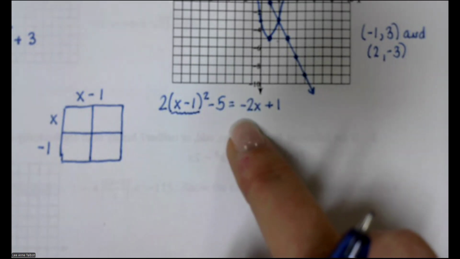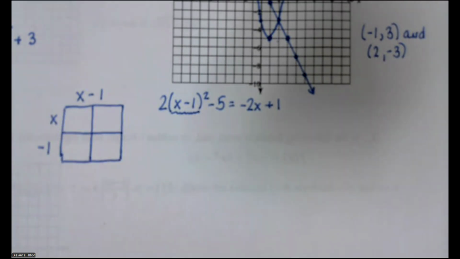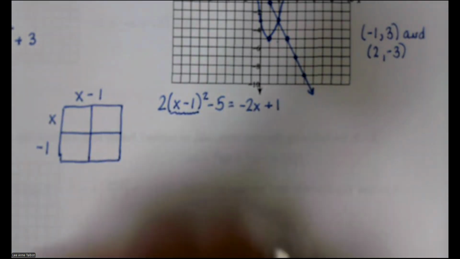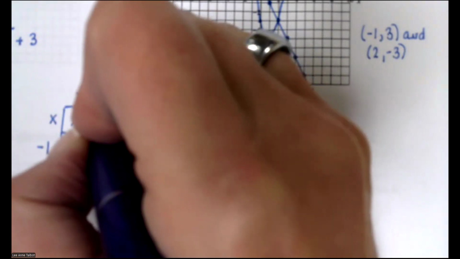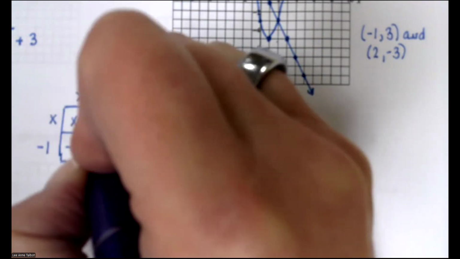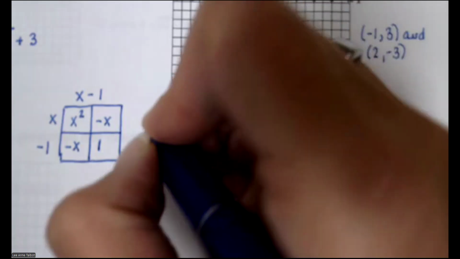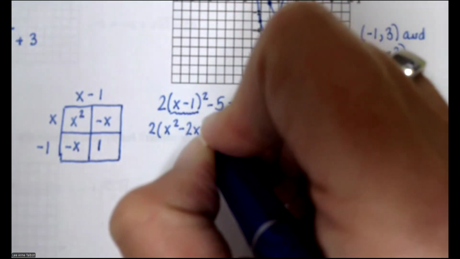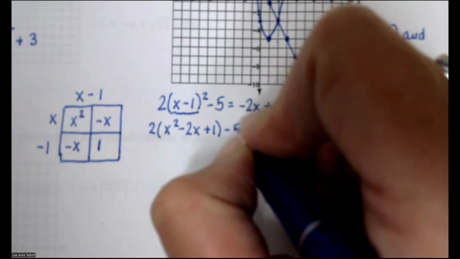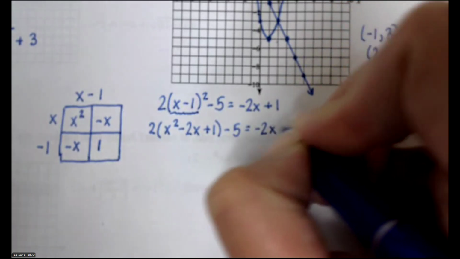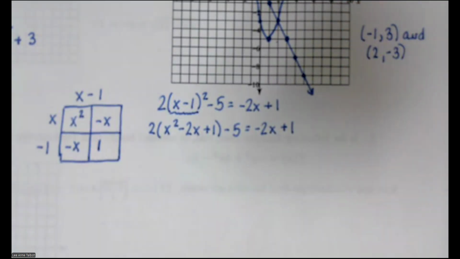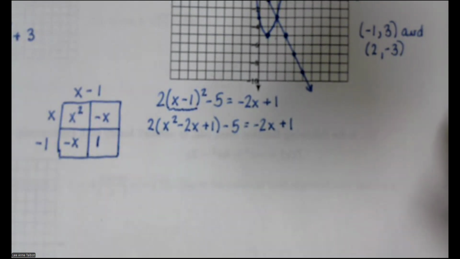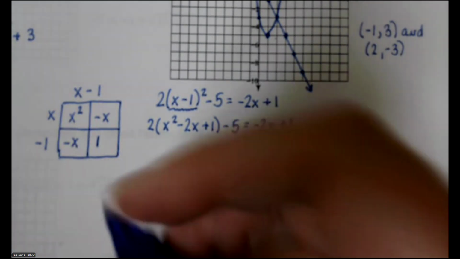If it's got an x in it, then you have to multiply it out and combine everything. Okay, now distribute.